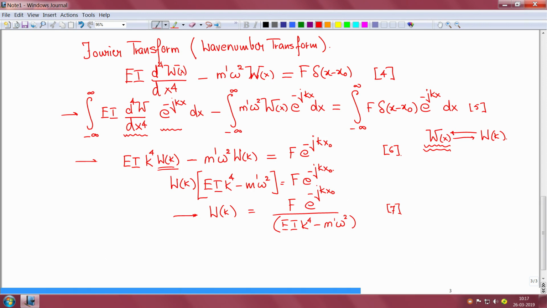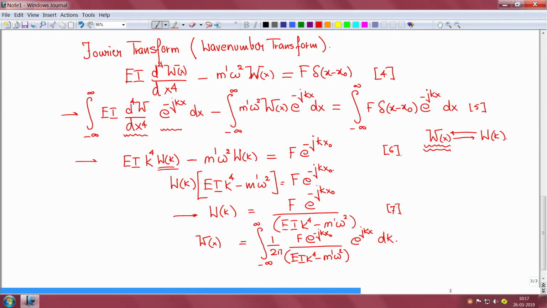So that inverse Fourier transform is now getting back to w of x, which is equal to this integral, with a 1 over 2 pi, from minus infinity to infinity, F e to the power of minus jk x naught by EI k fourth minus m dash omega square, and here e to the power plus jkx, but this time dk.